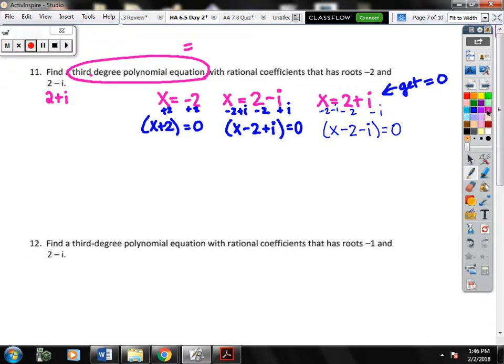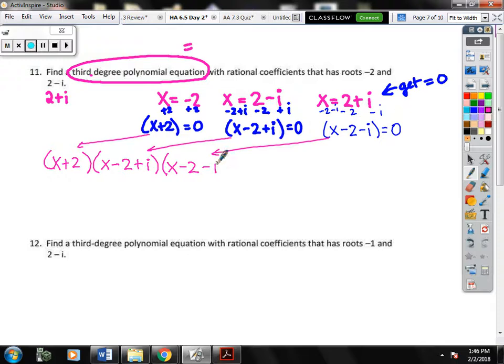So now what we're going to do is we're going to take all three of these, put them together, and then we're going to have to do a bunch of FOILing. Now, after we do it the first time, some of you will notice a pattern, like a shortcut, that will possibly, if you remember the shortcut, save you time from having to FOIL everything.